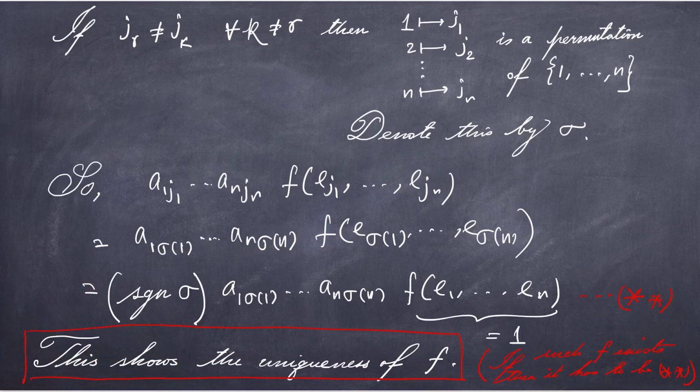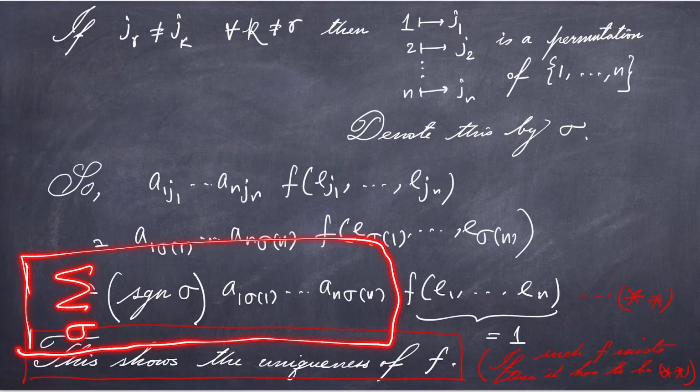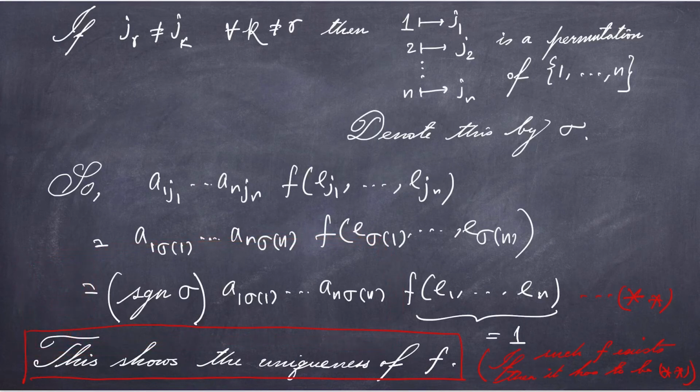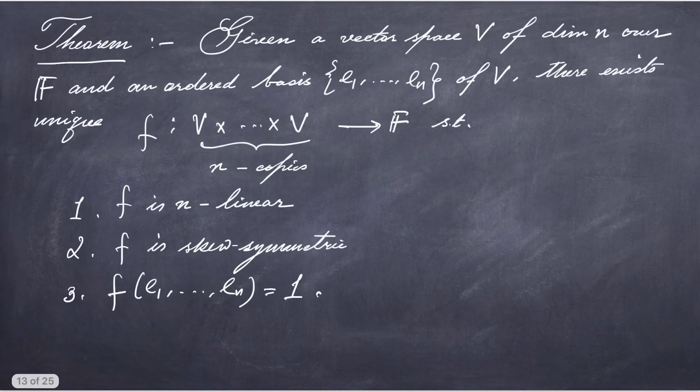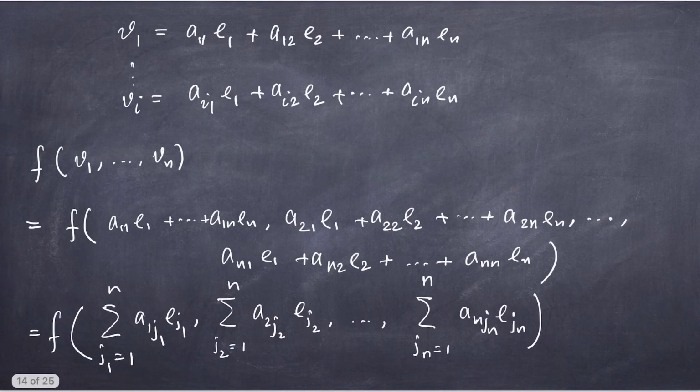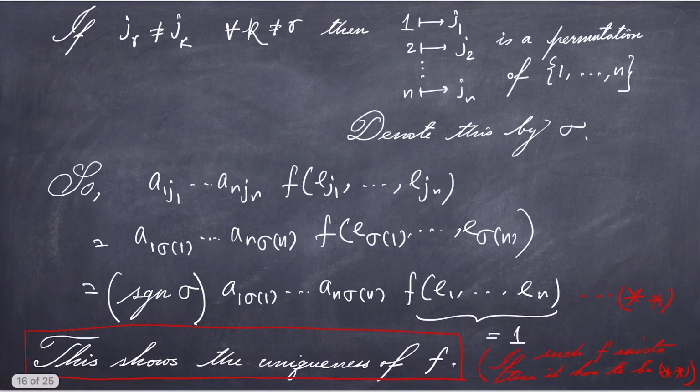Now you see that in this description there is no reference to f at all. So whatever my f is, as long as it has the three properties, its value at the point (v1, v2, ..., vn) has to be this sum.